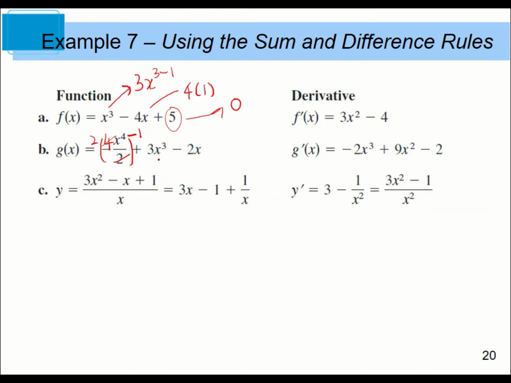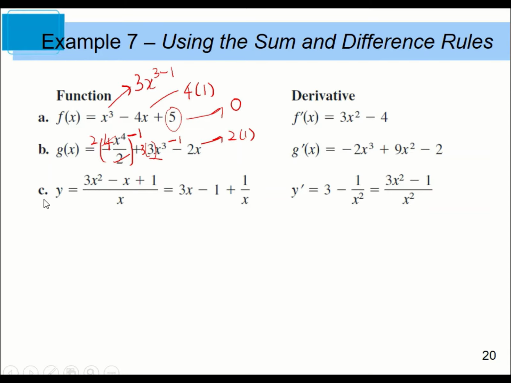After that, differentiate the second term: bring down 3, multiply by 3 to get 9, and 3 reduced by 1 is 2, so it will be 9x squared. Finally, differentiate 2x: the derivative of x is 1, so we have 2 times 1, which gives us 2. Since we differentiate g(x), we write g prime x.